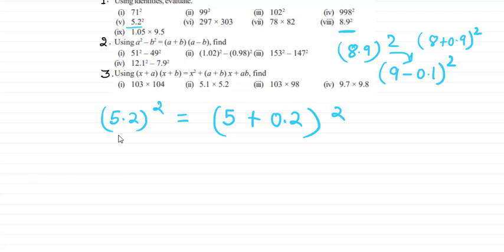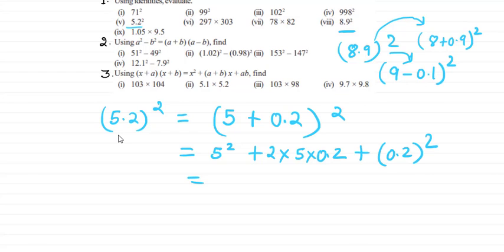The calculation may be tough for some students; if they like adding, they can use this one, and if you like the shorter one you can use this one. I'll just solve one and tell you about it. Here a plus b whole square you can use: a square plus twice of the first term and the second term plus the square of the second term. That will be 25 plus 2 plus 0.04, so the answer will be 27.04. So like this you can solve.